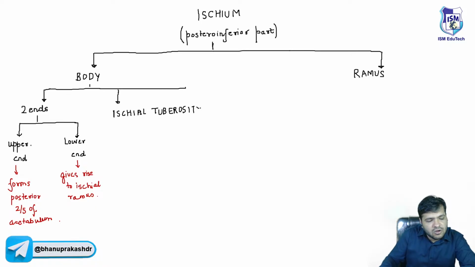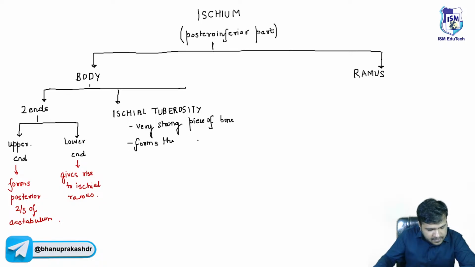Now, ischial tuberosity, it is a very strong piece of bone, and remember, it forms the lower end of the body of the ischium.